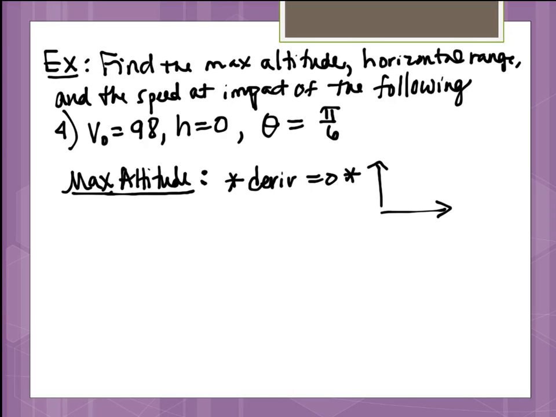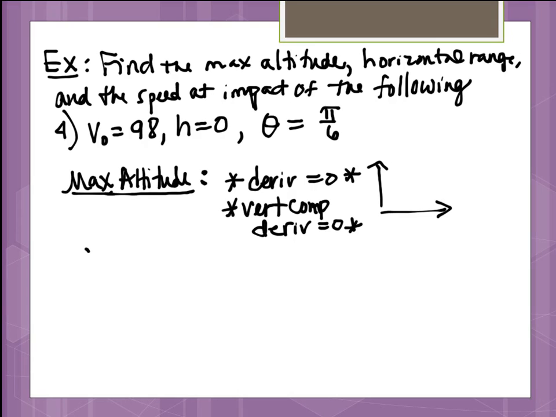It's going to continue to go. It's just going to go downward now instead, but it's still going to be covering distance on the ground. So we want our vertical component's derivative to be 0. So we need to find the derivative. And there was an equation that we were given that dealt with that.